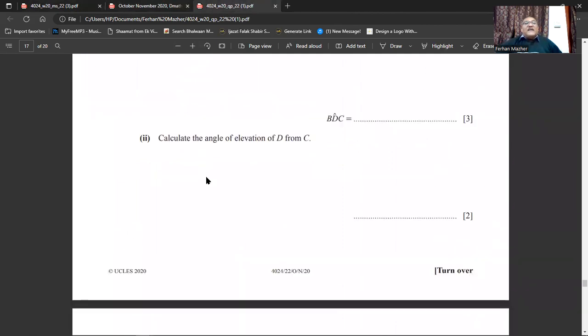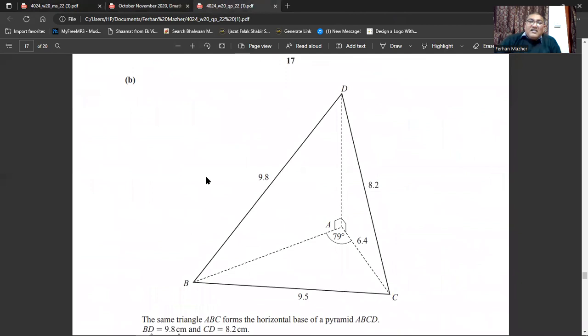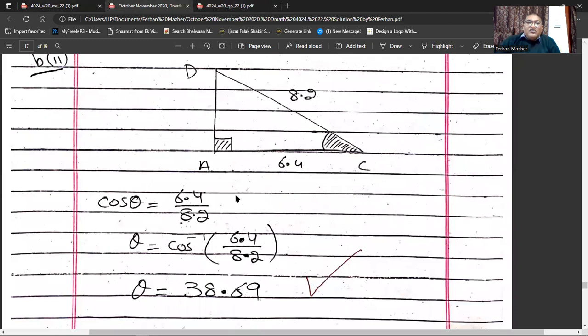So now the question is to calculate the angle of elevation of D from the sea. They want the angle of elevation of D from the sea. So I know this side, I know this side. They want me to find out this angle of elevation. So I can use the simple cos. Cos theta is equal to the base by the hypotenuse, or you say adjacent side divided by the hypotenuse.